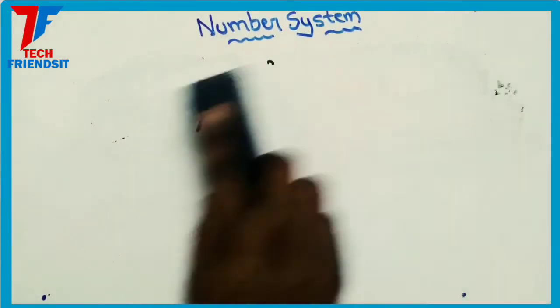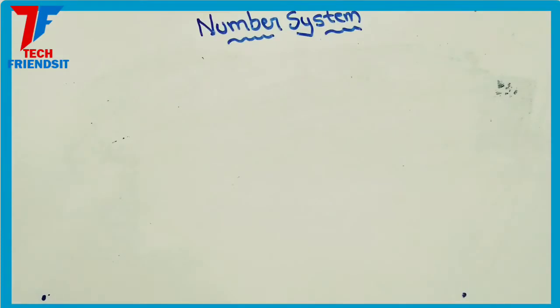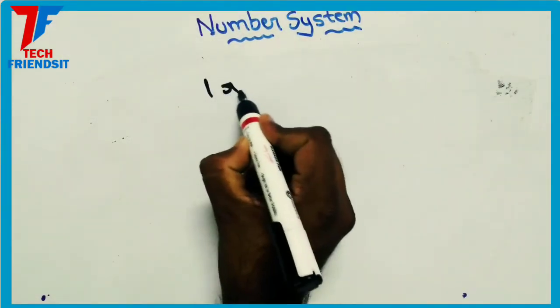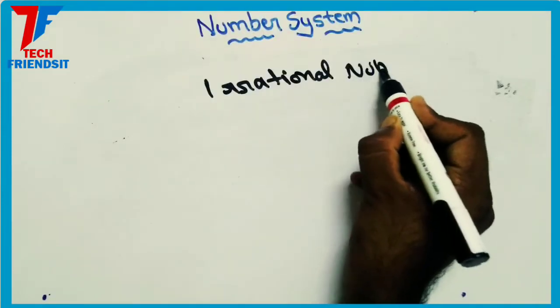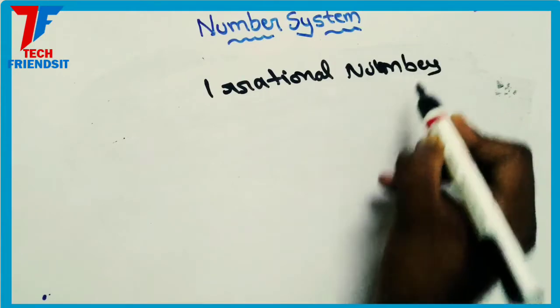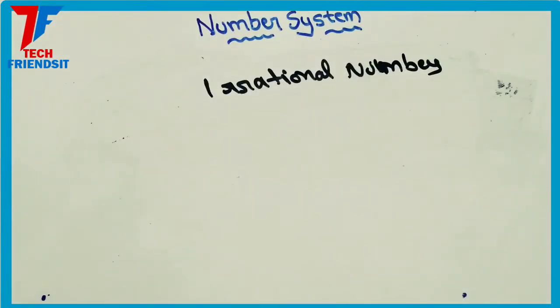Next, we'll move to irrational numbers. The numbers which cannot be written in the form of a fraction where the numerator and the denominator are integers and the denominator is not 0, because the decimal expansion is never ending and never repeating, are known as irrational numbers.